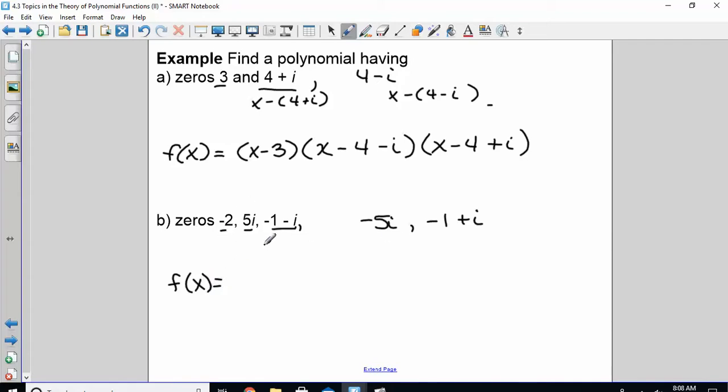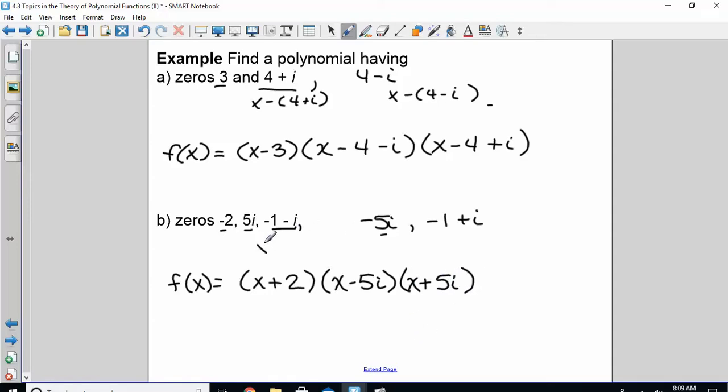So how many parentheses will I have? 5, right? We also have that negative 2. So since negative 2 was a 0, you always do x minus the 0, so x minus negative 2 makes x plus 2. We had 5i, so x minus 5i. You can put them in any order. If I did my negative 5i, x minus negative, so x plus 5i.